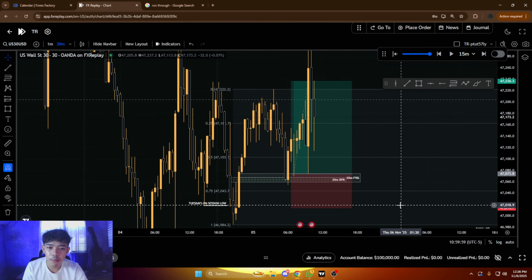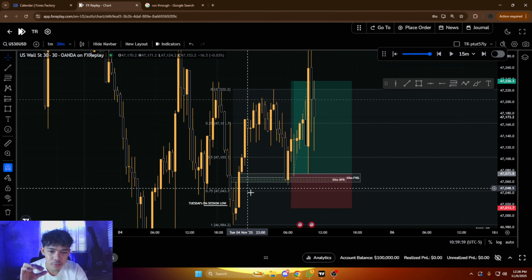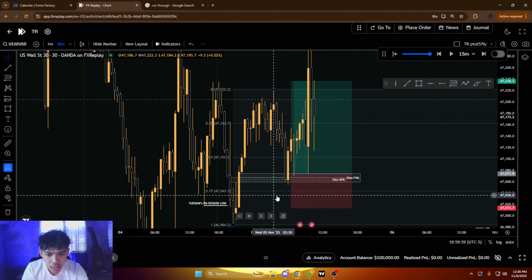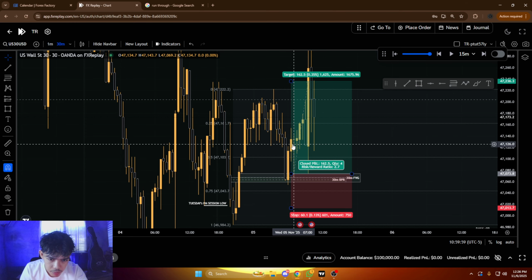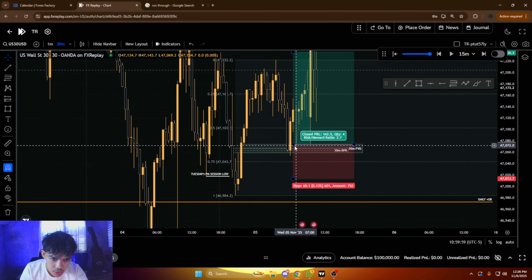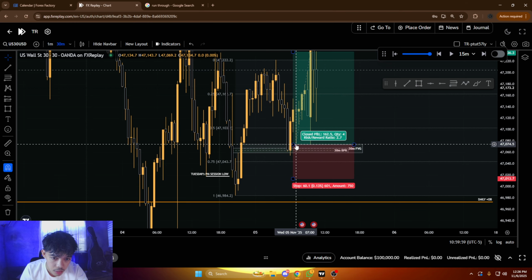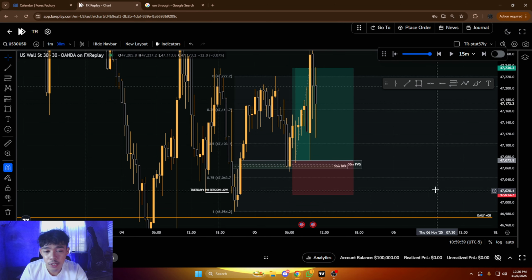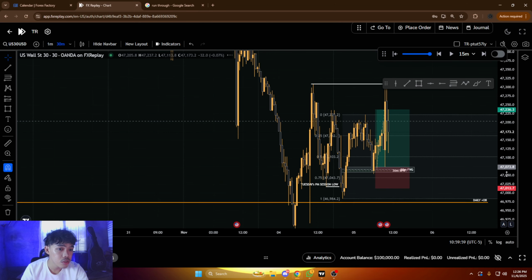So what I've learned about this is, pag meron kang dalawang PD array na magkatabi, piliin mo na lang yung pinakamataas pag bullish ka. Like dito. Pinakamalapit sa market price. Siyempre, mas malapit yung 30 minutes FVG, diba? Before siya pumunta dito sa 30 minutes BPR, mauntog muna siya dito sa 30 minutes FVG. So, just choose that.